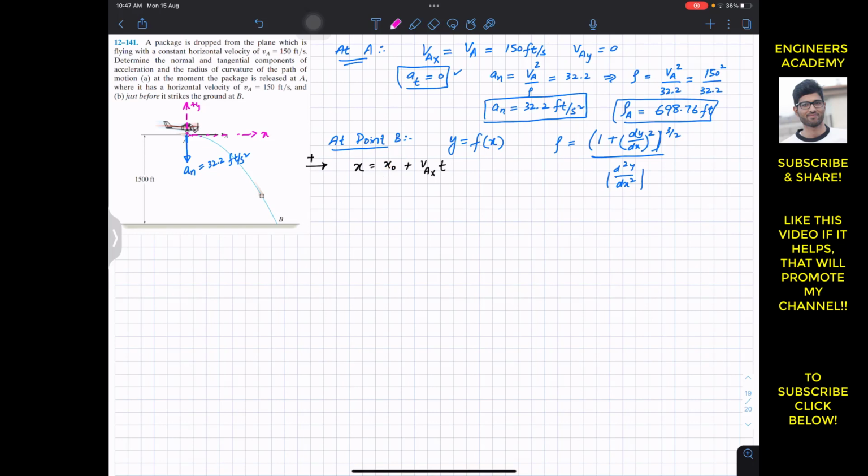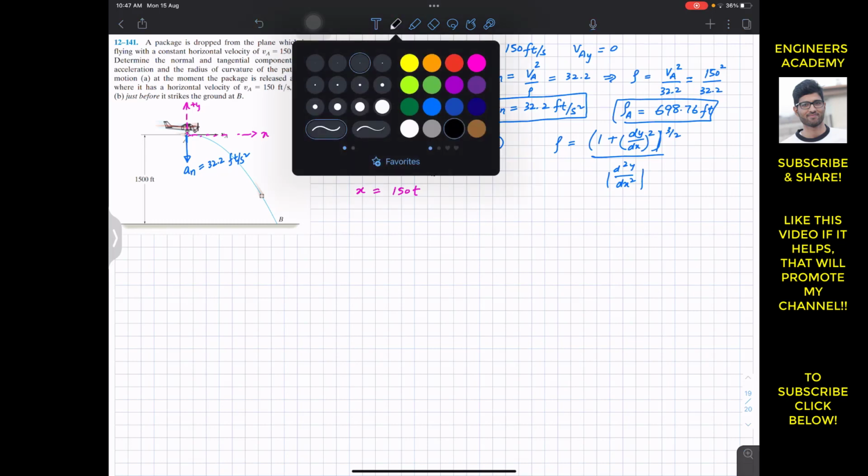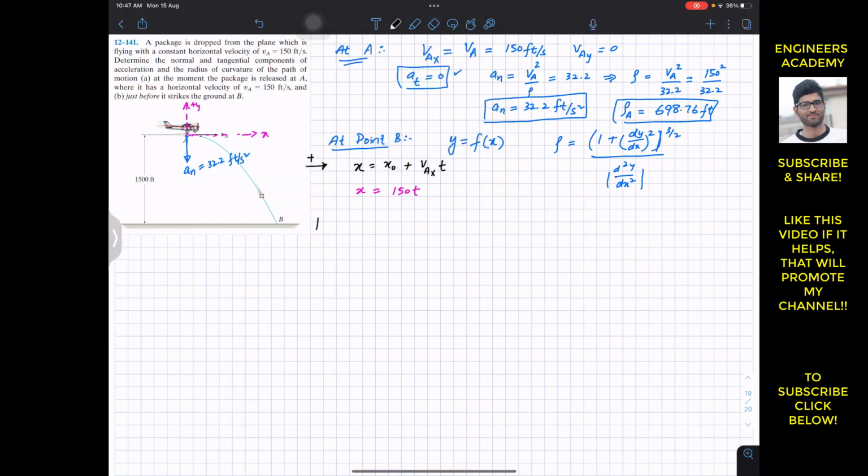So x is equal to 150 into t. Similarly, if we apply the kinematic equation for the vertical motion, with this as our positive vertical direction, y equals y naught plus VAY t plus 1 divided by 2 g t square.